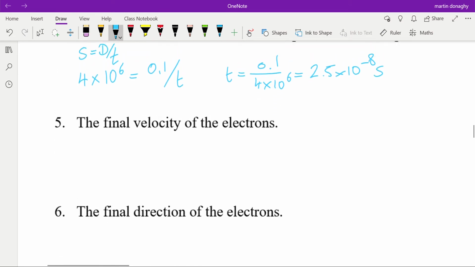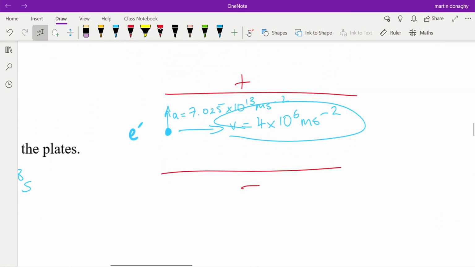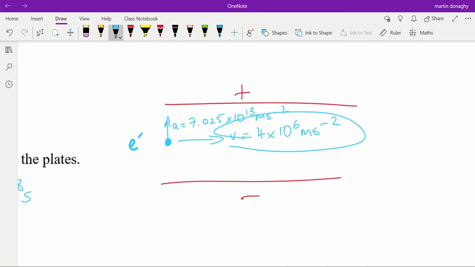The final velocity of the electrons is a little more complicated, because if we look at the path those electrons are going to take, this horizontal component is going to stay constant. Initially, its vertical velocity will be 0, but this acceleration is going to increase it.